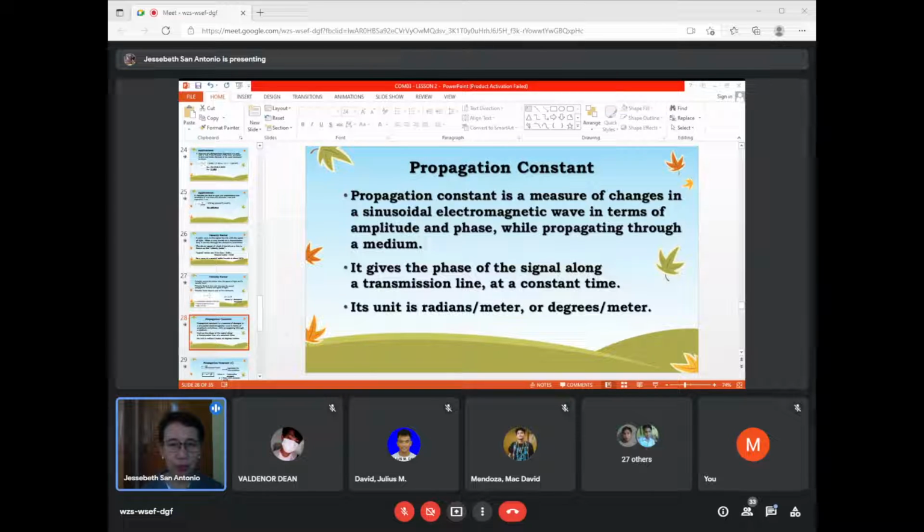Natatandaan ninyo, before I introduce phase modulation, pinaliwanag ko, nagbigay ako ng example para maiintindihan nyo yung tinatawag na phase. So, yun yung angle distance noong isang signal habang siya ay nagpo-propagate in the form of circle. Yun namang positive and negative alternation, actually 360 degrees yun pag nakompleto.